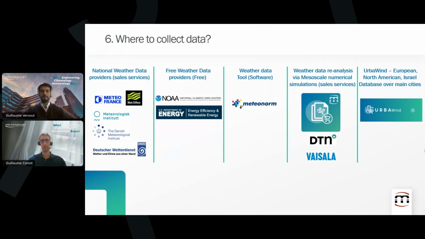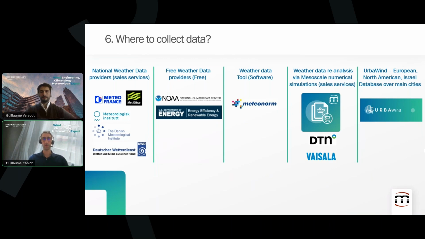There is another one coming from NOAA. They have an agreement between all the national providers to collect data and to store it at NOAA in the US. So it's worldwide and available for free.